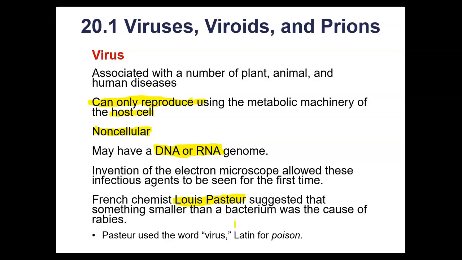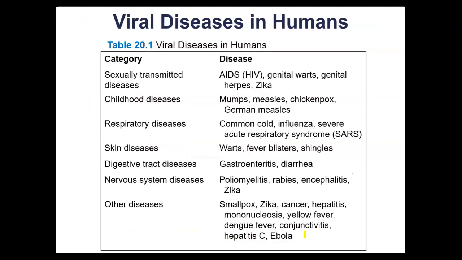So he knew it wasn't a bacterium, he knew it was something smaller, and he was the first to use the word virus, which is Latin for poison. So Pasteur, even though he never saw a virus, he did know that they existed, but he wasn't able to prove it. So we give him credit for being the first to use the word virus.